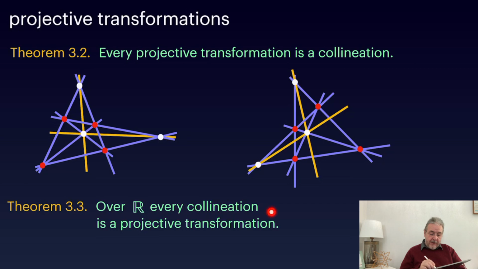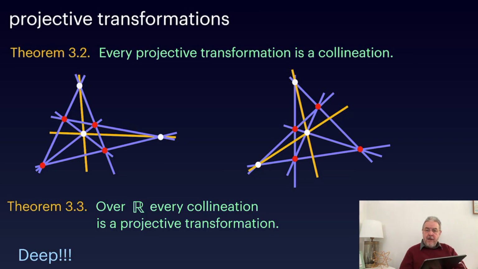Over the real numbers, every collineation is automatically a projective transformation. So when you deal with the real numbers, and if I'm doing a drawing here, I'm really mostly dealing with the real numbers. I cannot draw a different picture for a projective transformation and a collineation, because those two concepts really coincide. And the fact that they coincide is actually a deep fact.